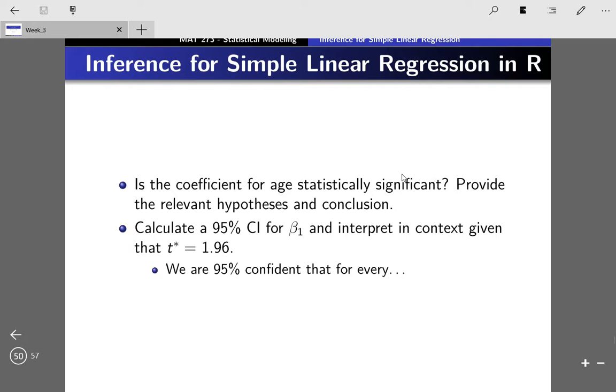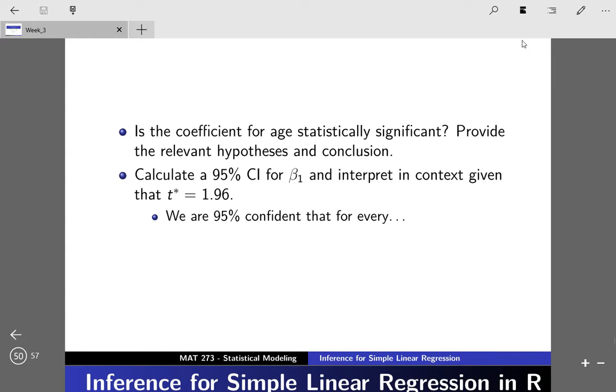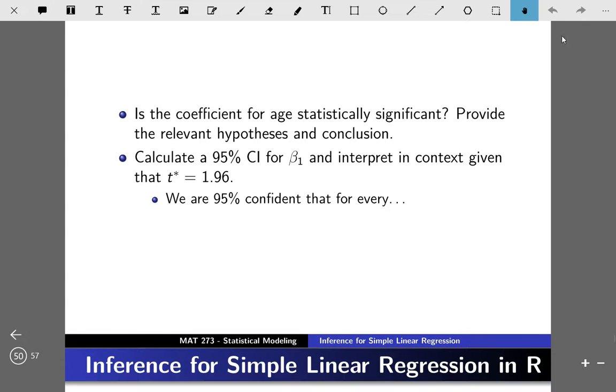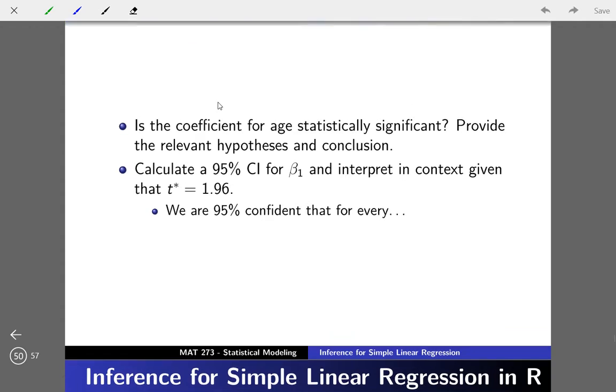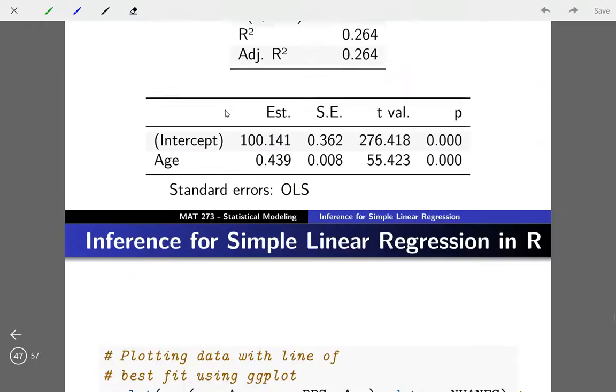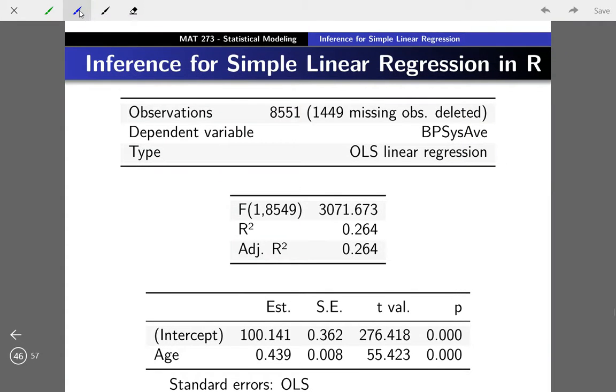Another question we can ask based on this output is if the coefficient, the slope for age, is statistically significant or not. So let's go ahead and test that here. So testing the slope, we're going to be using this value here.